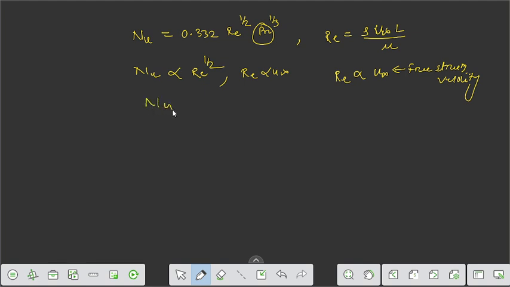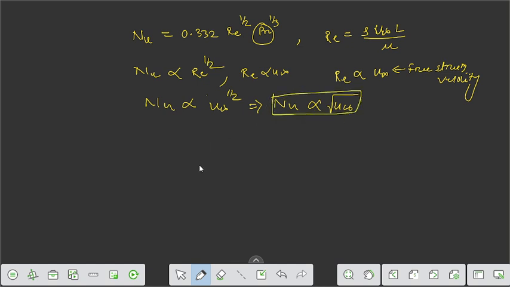So the Nusselt number is directly proportional to the free stream velocity power 1 by 2. That means the Nusselt number is directly proportional to the square root of the stream velocity.